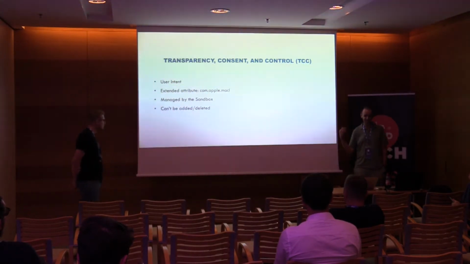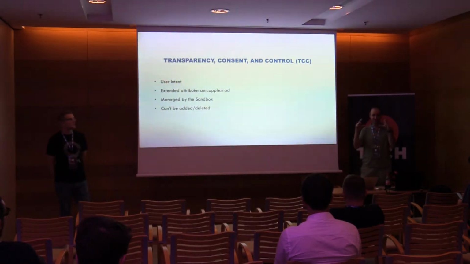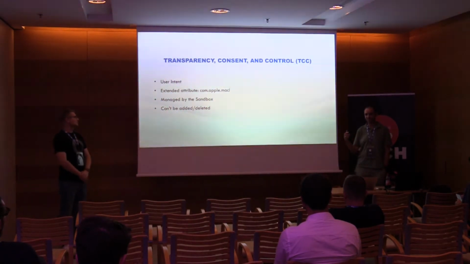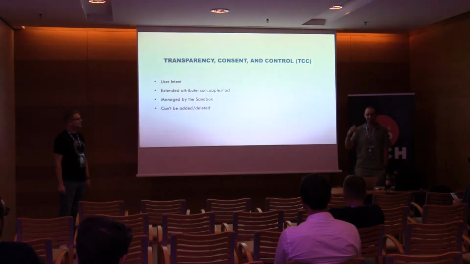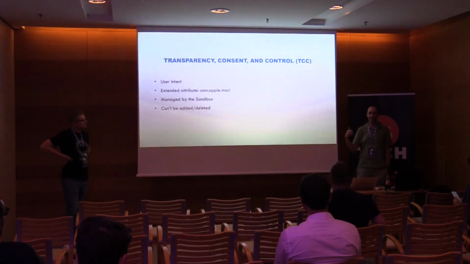So the previous one was user permissions, like you get a pop-up and you grant access. But let's say you do something like drag and drop, and the system will implicitly recognize that you want to give access, let's say, to a file, to a certain application, and it will handle it transparently.